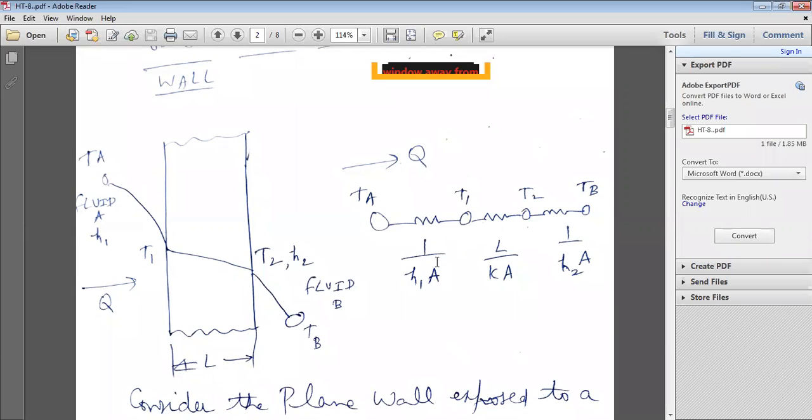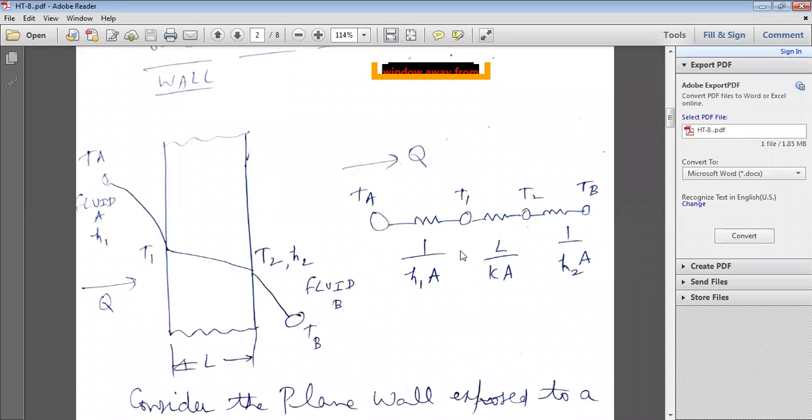That is the convective resistance 1 by H1A, where H1 is the convective heat transfer coefficient for fluid A. Don't confuse this A with the fluid A. This A is the normal area of the block, the surface area on the left side, which equals the surface area on the right side.